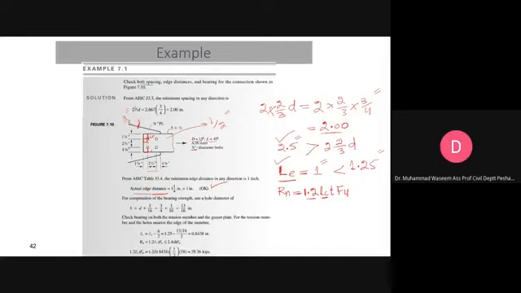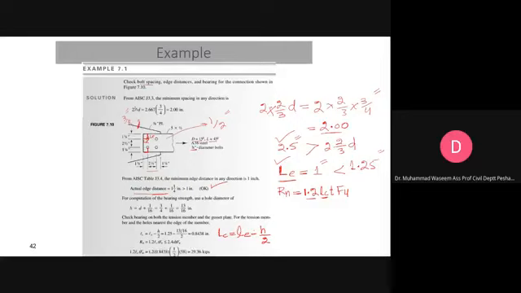How can we calculate LC? LC we can calculate by LE minus half the diameter of the hole, because LE is from the centroid to this edge.